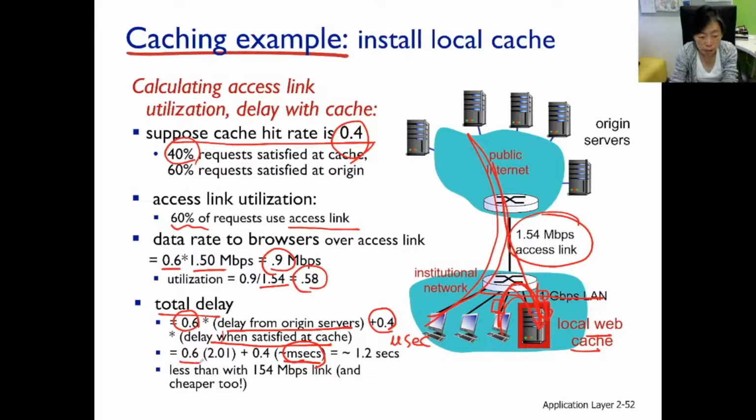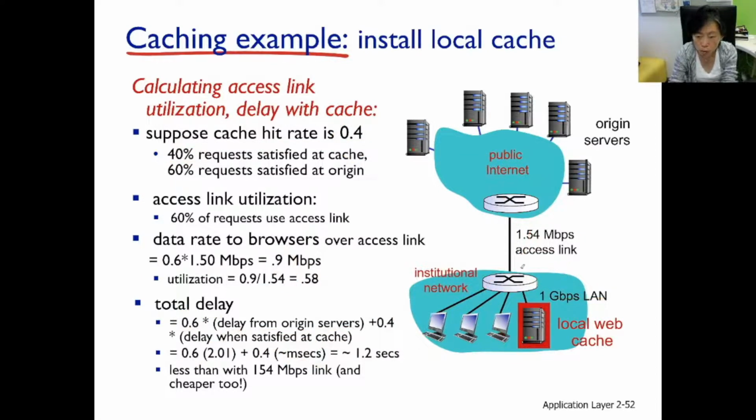Now, for the 60%, we have to go out and back, right? So this is very negligible. This part is the key component: 2 seconds, we know for sure. What's remaining is just the delay on the access link with 58% utilization. How much delay is this?